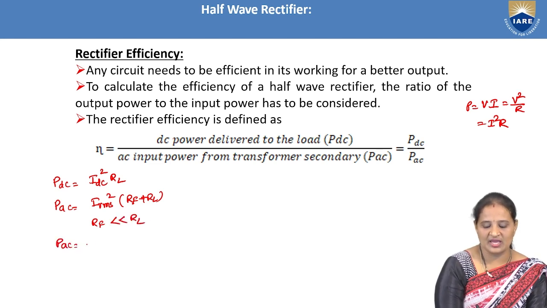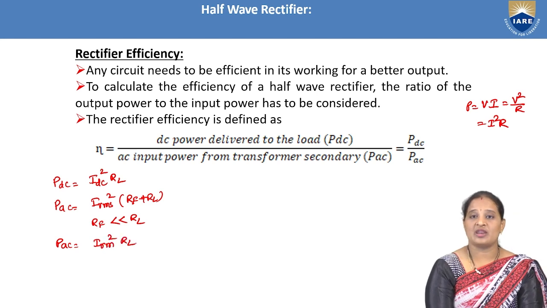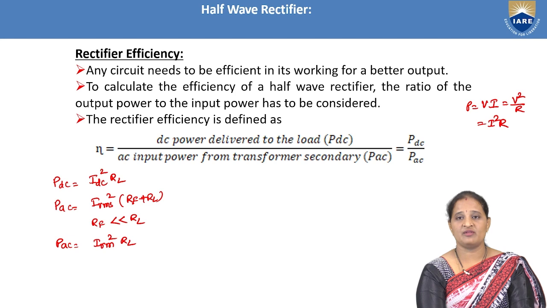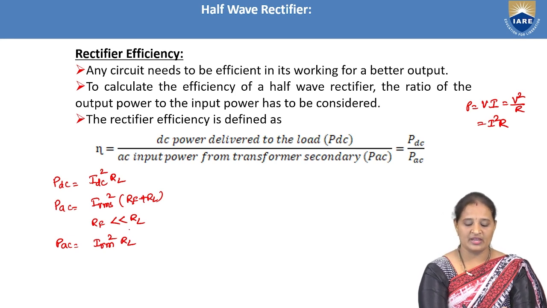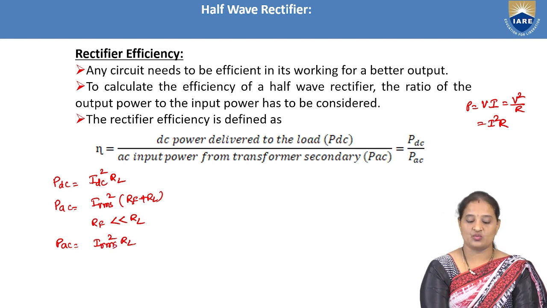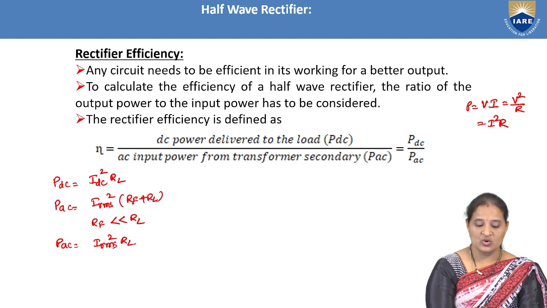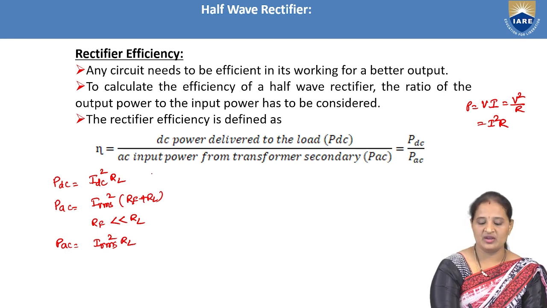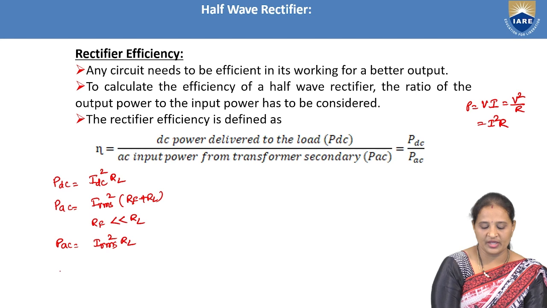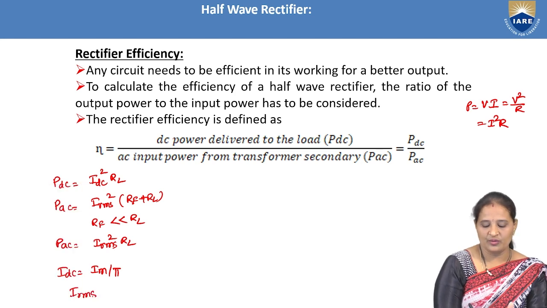Hence PAC can also be given by IRMS square into RL, because RF is negligible when compared with RL. Now just substitute this in the above equation.